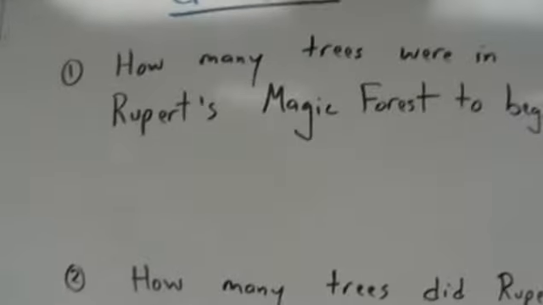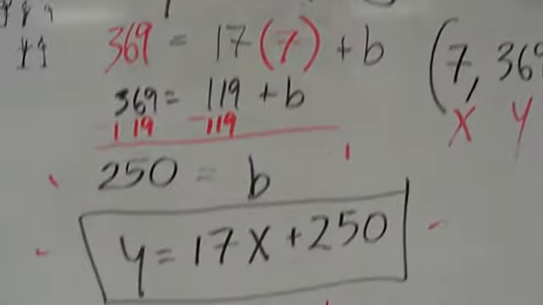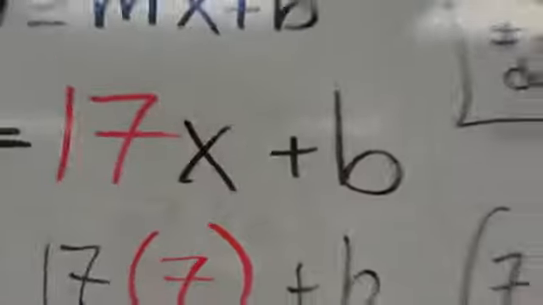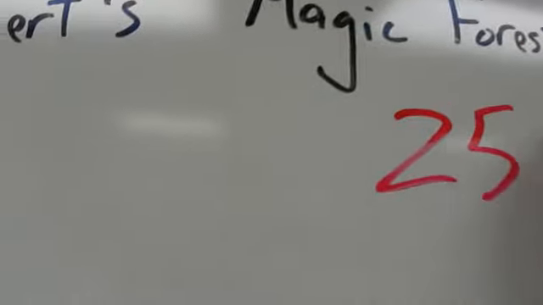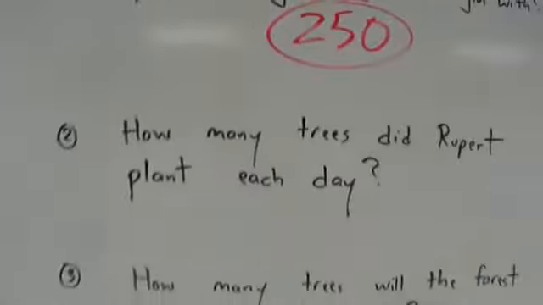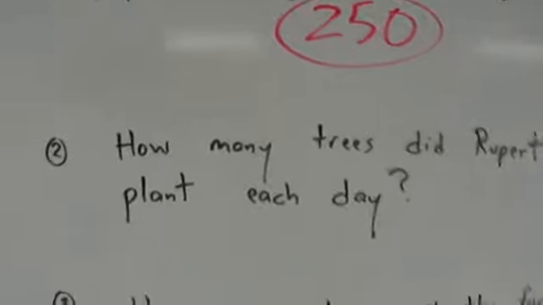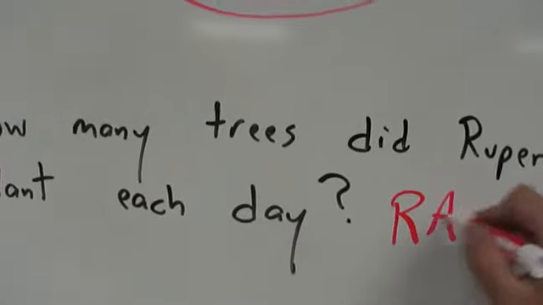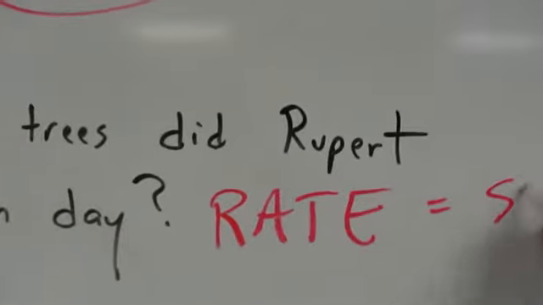How many trees were in Rupert's Magic Forest to begin with? Well, we said that's the B value. And the B value, if you look down here, boom, 250. So the answer is 250. Second question. How many trees did Rupert plant each day? Well, that's the rate, right? Rate is also the slope.